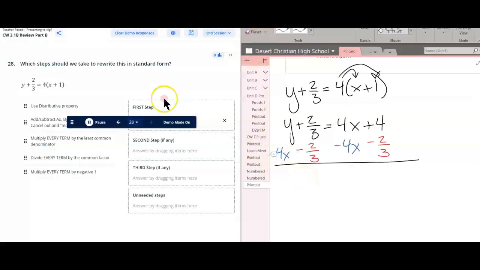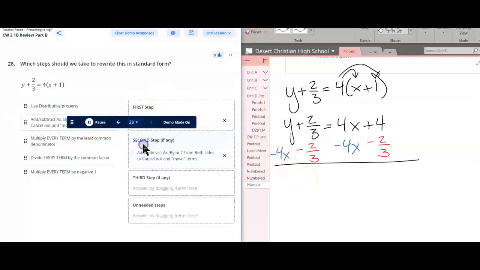So I need to add and subtract to get everything in the right order. I have -4x plus y equals 4 minus 2/3, which as an improper fraction in thirds, 4 is 12 thirds, minus 2 is 10 thirds. Right?